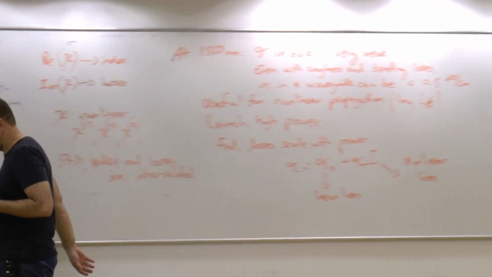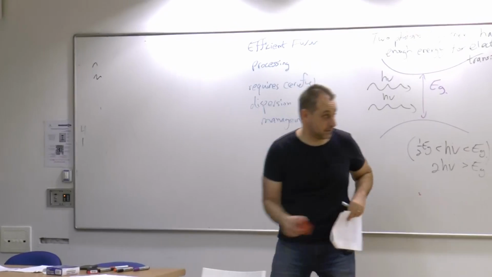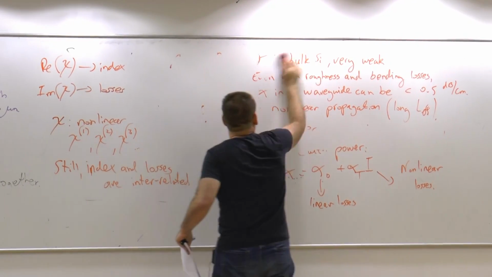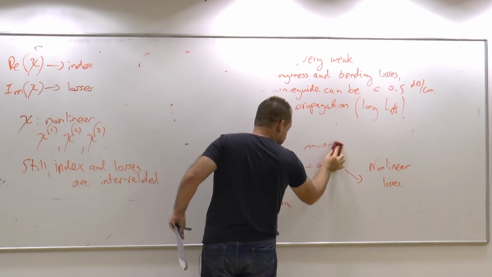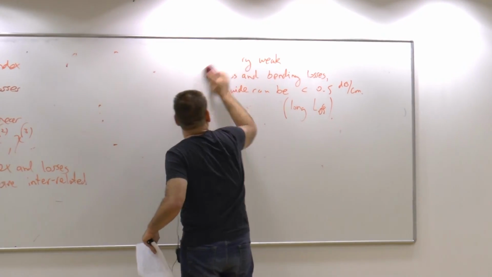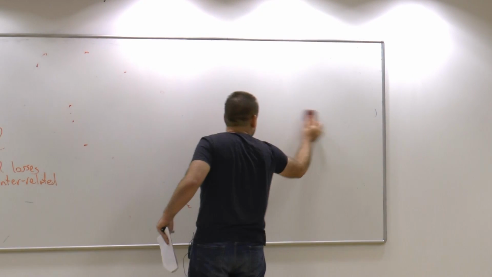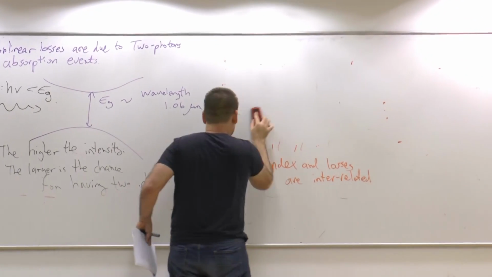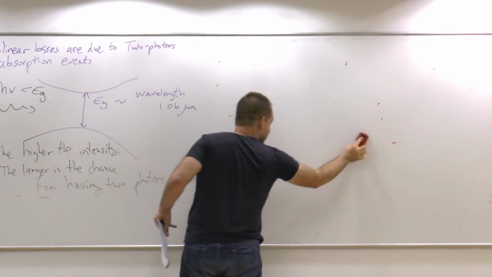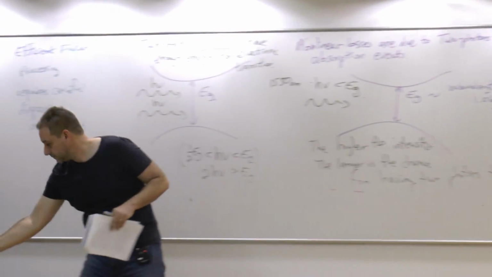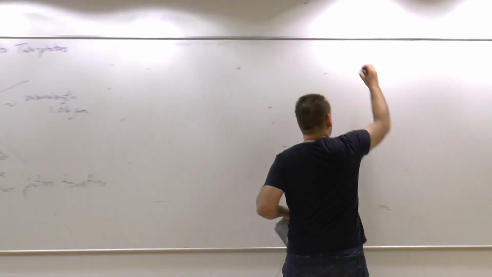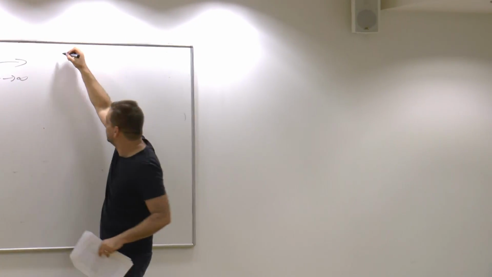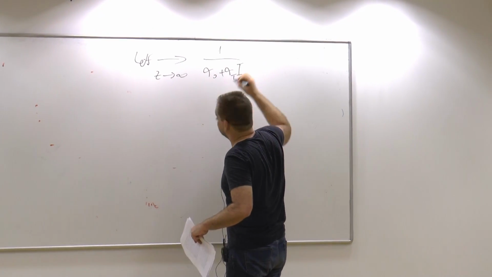If I want to put this into equations, again, in terms of equations, the effective length approaches, at the long waveguide limit, at least something like this: 1 over alpha 0 plus this extra term.